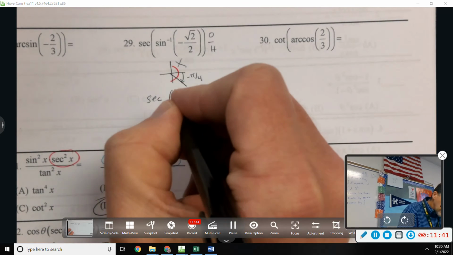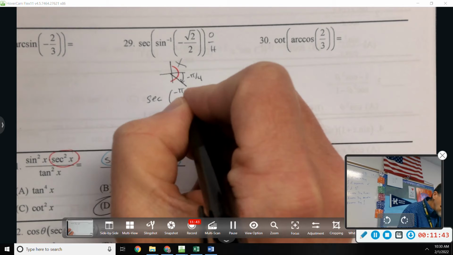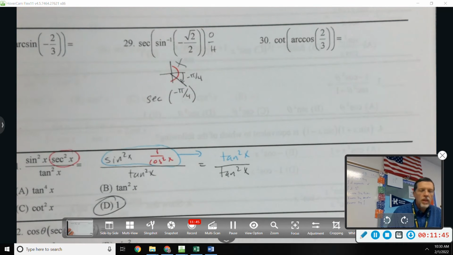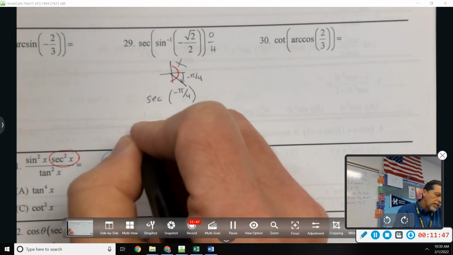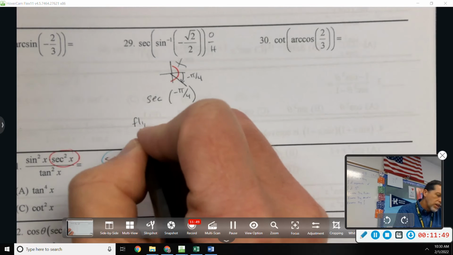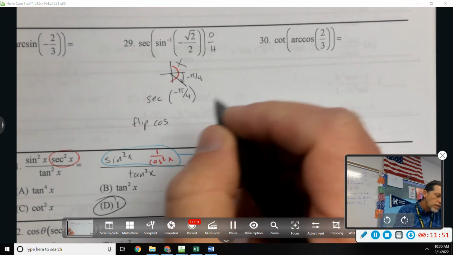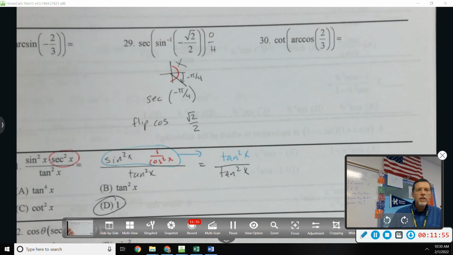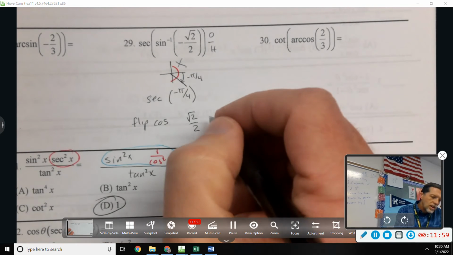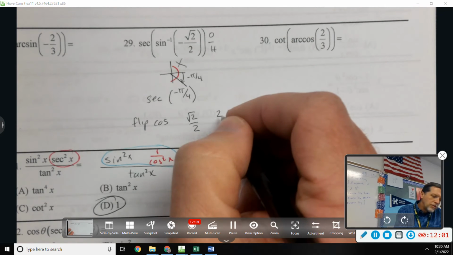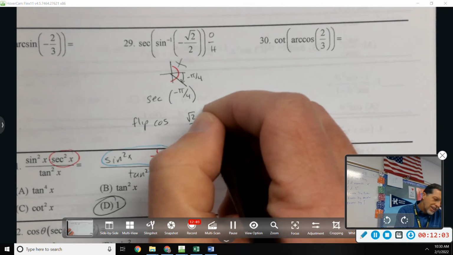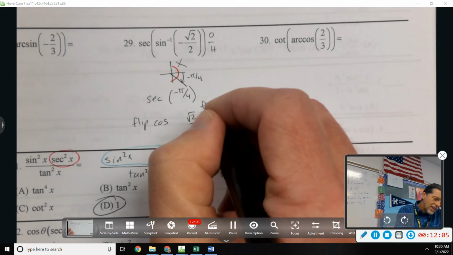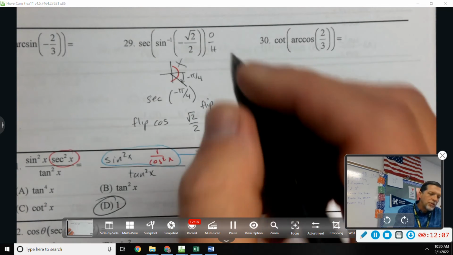And then we want the secant of negative pi over 4. Secant is the flip of cosine. Cosine would be root 2 over 2, because it would be positive. And then we would need to flip that, and then we would need to fix it.